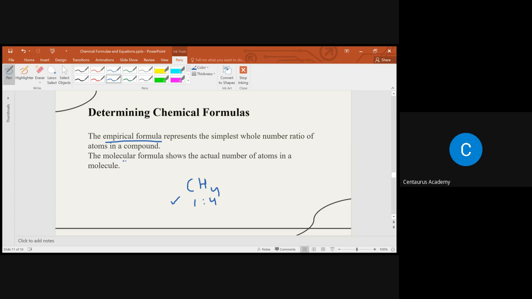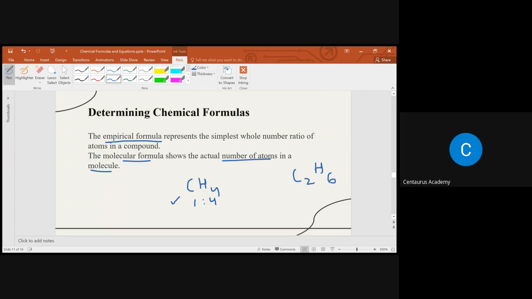Whereas the molecular formula shows the actual number of atoms present in a particular molecule. Okay. For instance, C2H6 tells you that the actual number of atoms in this molecule is 2 carbon atoms and 6 hydrogen atoms. These are the actual number of atoms. You really don't need to look into different aspects or functional groups or anything else.